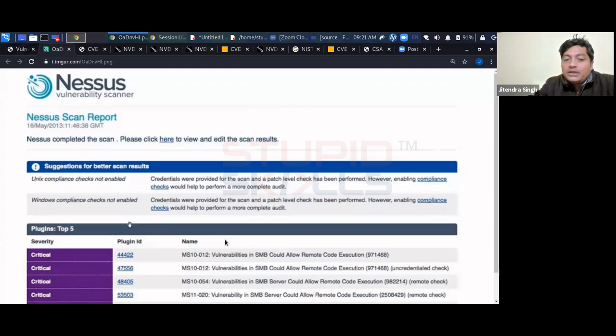Normally, these kinds of tools develop their signature databases from the databases that are there on the internet, which the community is using. As you can see, it has listed some names like MS10-012 vulnerabilities, and SMB could allow remote code execution.